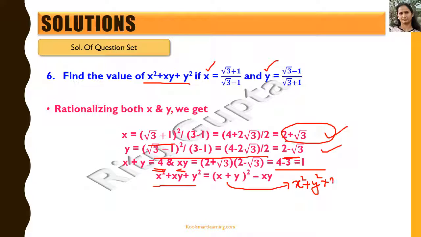So if we subtract 1xy from this, we get the required thing, which is x square plus xy plus y square. So now we know the value of x plus y, which is 4. We take the square of that, which is 16, minus xy is 1. So the final value of x square plus xy plus y square is 15.